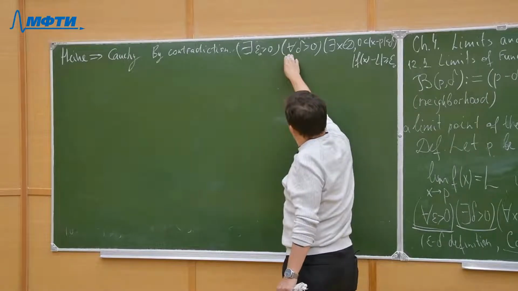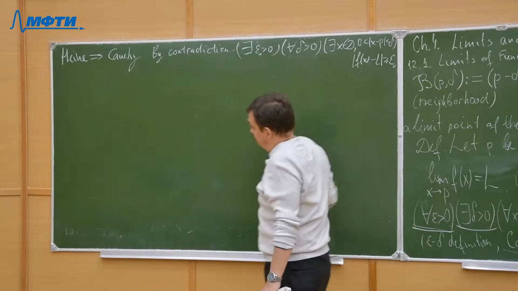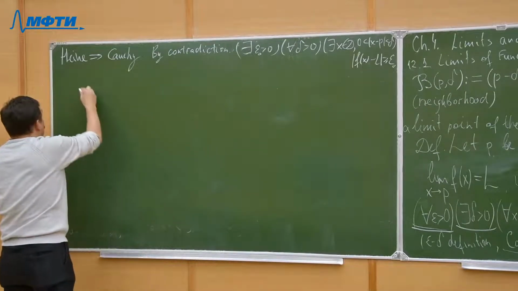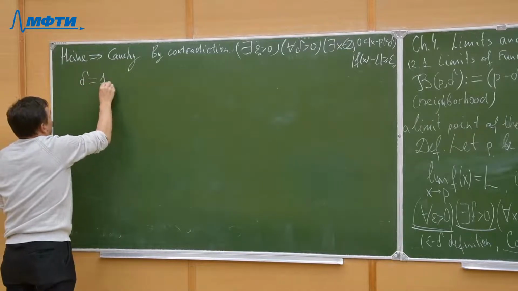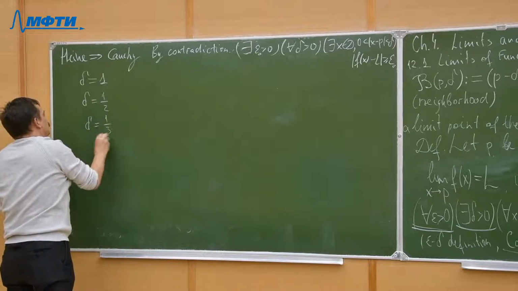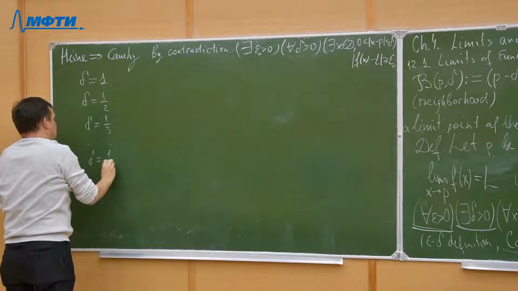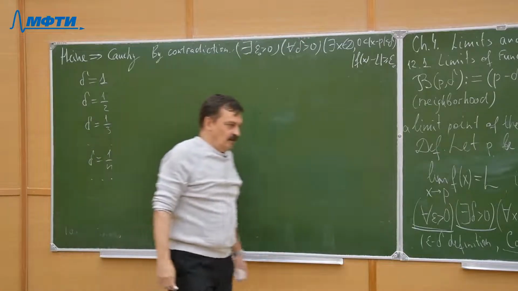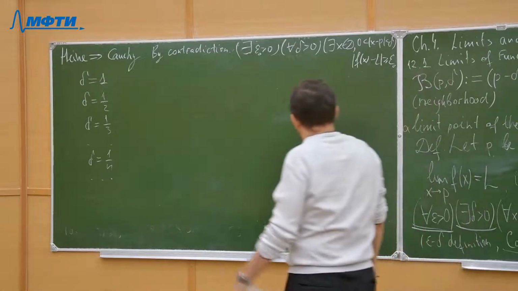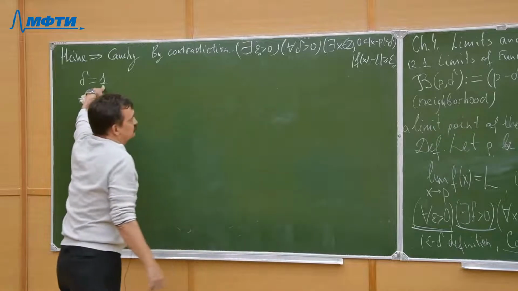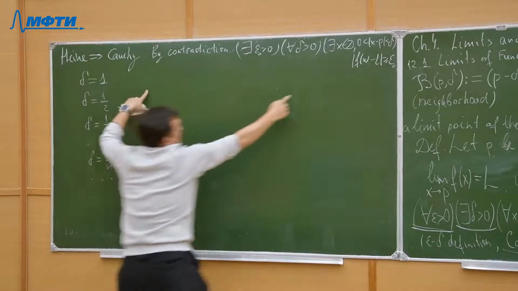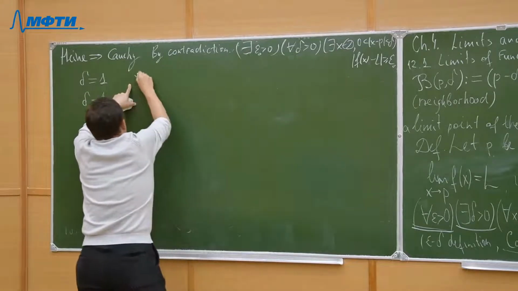Now here it is written arbitrary delta greater than 0, right? So let us choose arbitrary delta as we want. Let's start delta equals to 1, then delta equals to 1/2, then delta equals to 1/3, and so on. Delta equals to 1 over n, and so on. All those values are positive, and okay, look, delta equals to 1, there exists x, and I'll denote this x, let's call it x1.